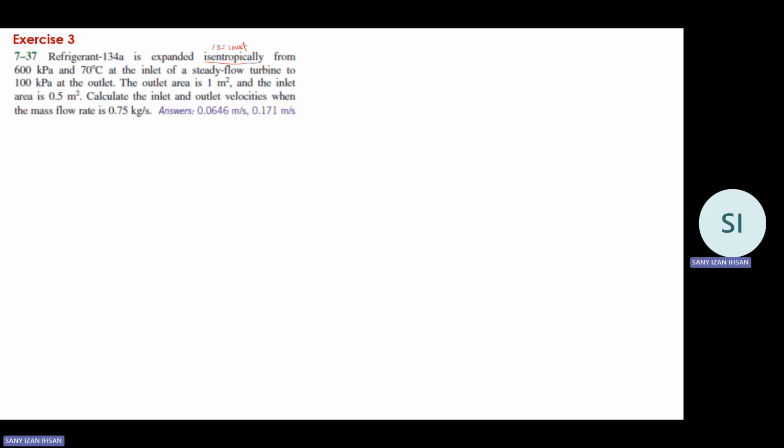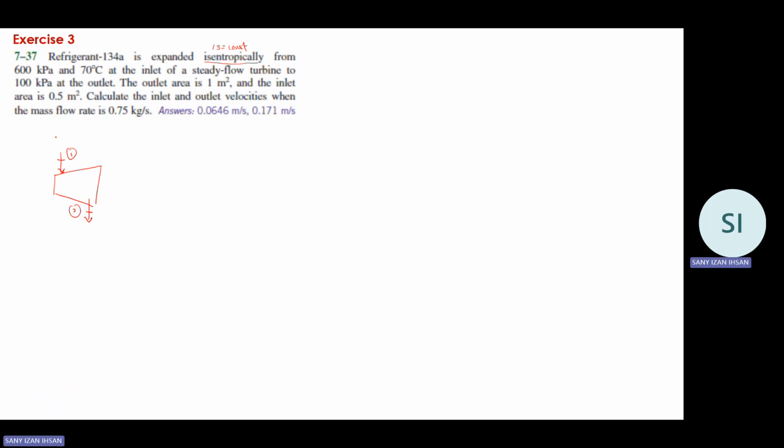Okay, now we have a turbine. 200 kilopascal at the outlet. So let's draw our turbine. Turbine goes this way, expanding. Compressor goes the opposite way. So we have inlet, that is state 1, and then the outlet, state 2.